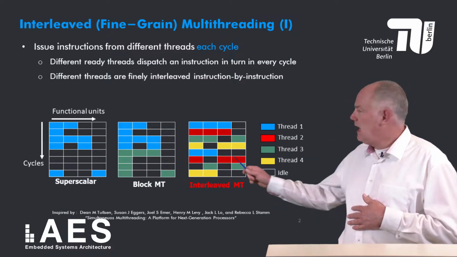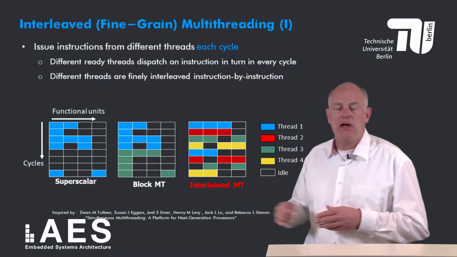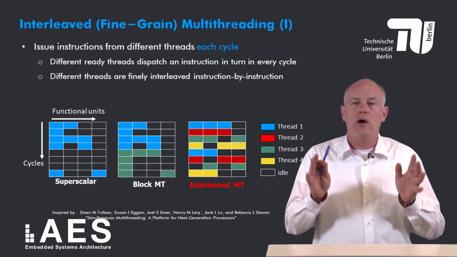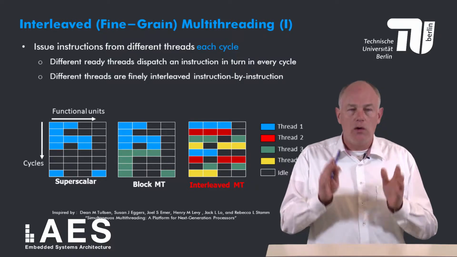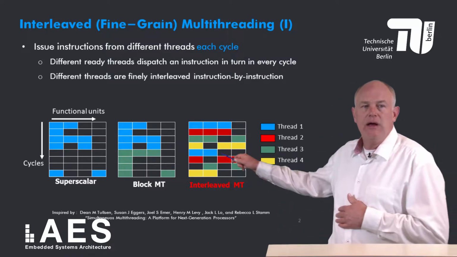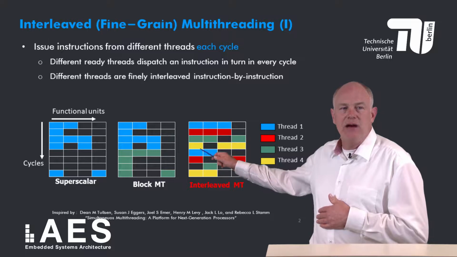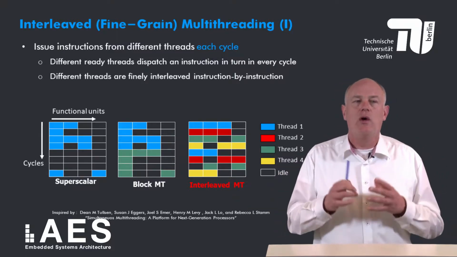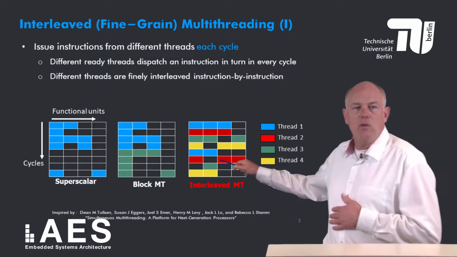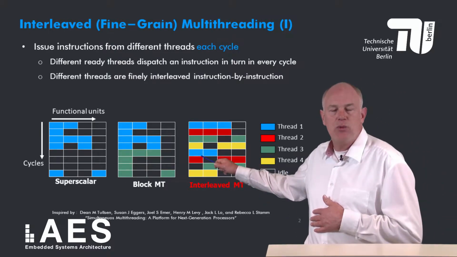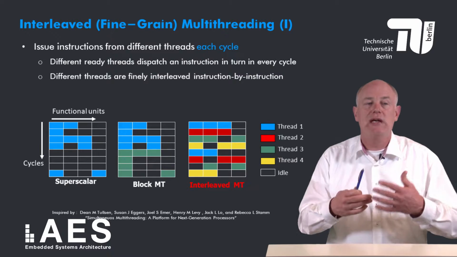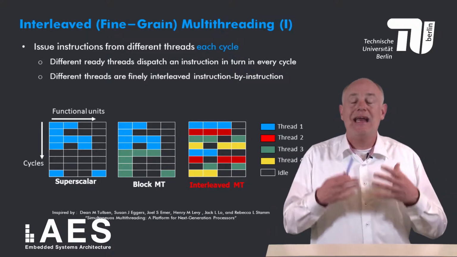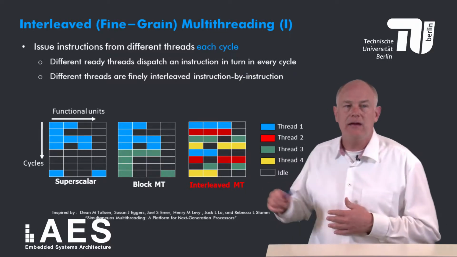Again, if this figure here illustrates the execution of a single thread on a four-issue superscalar, this figure here illustrates block multithreading on a four-way superscalar, where we have some cost in switching threads because we only switch threads when it encounters a long latency event.